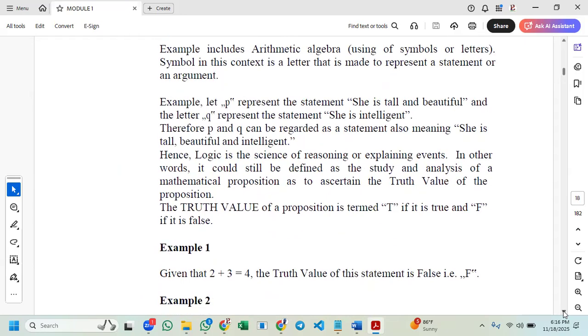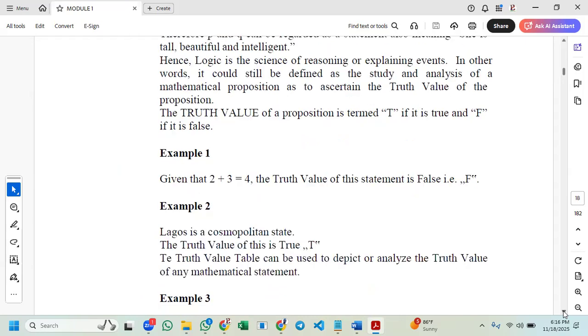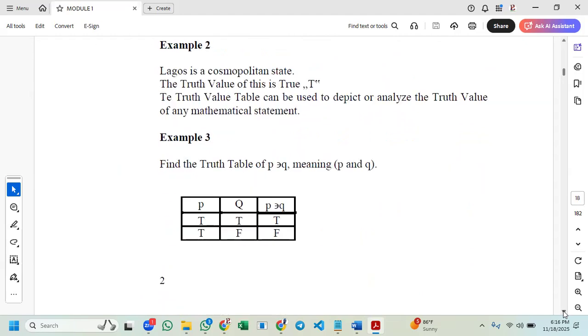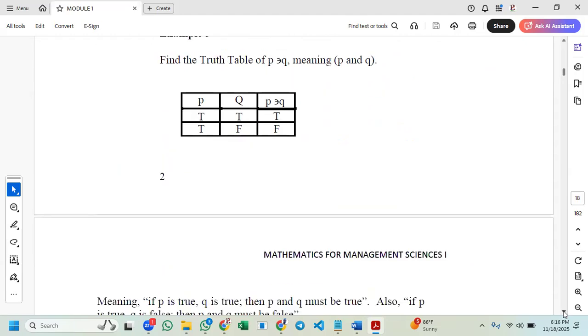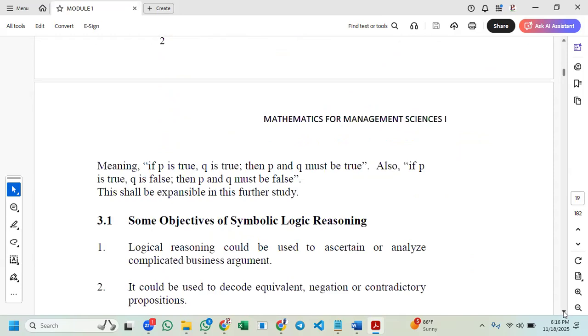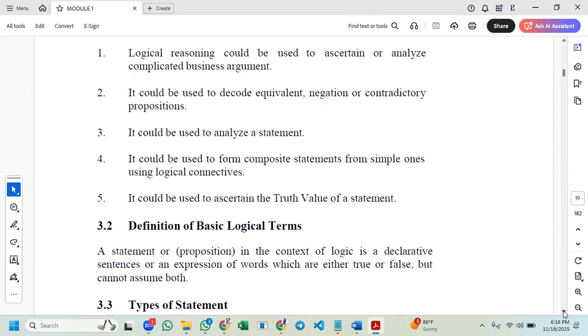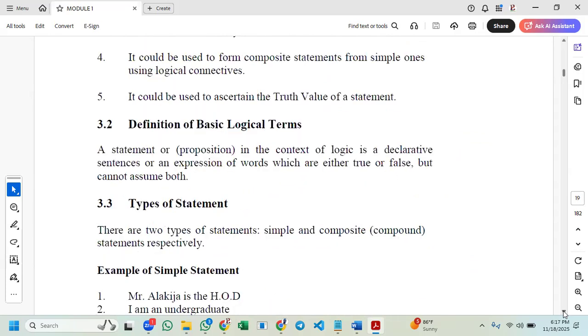We'll talk about the meaning of statements, the types of statements, we have just two types. We'll talk about the truth table, how we can use it, and then some objectives of logic. That is what we've done in this first video.